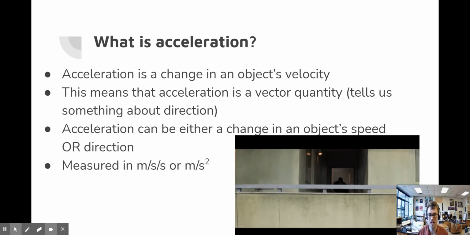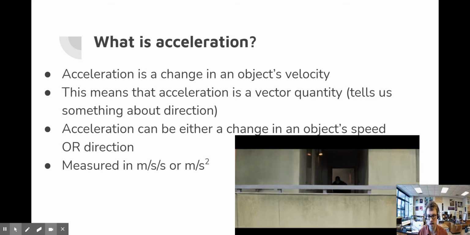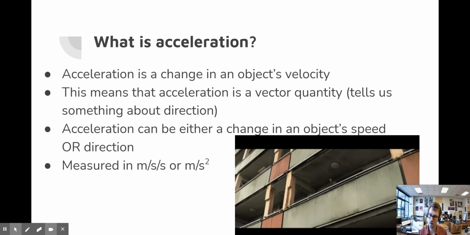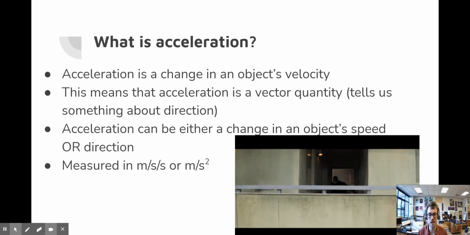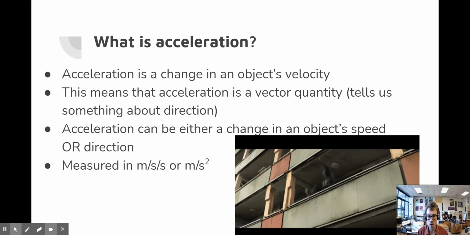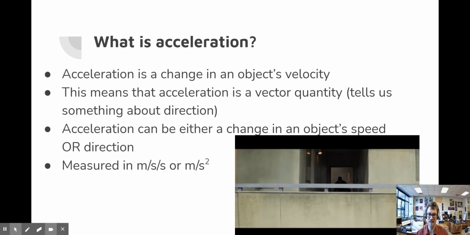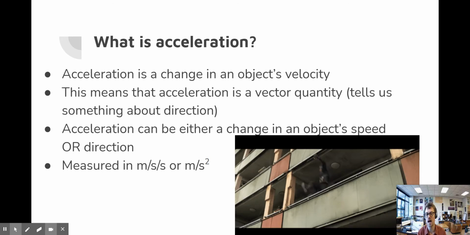Now, our units for this are either meters per second or meters per second squared. That's kind of the shorthand for that. So what does meters per second mean? Well, remember that velocity is measured in meters per second and speed is measured in meters per second as well. Well, we're talking about acceleration, which is a change in velocity, right? And that change is occurring over time.